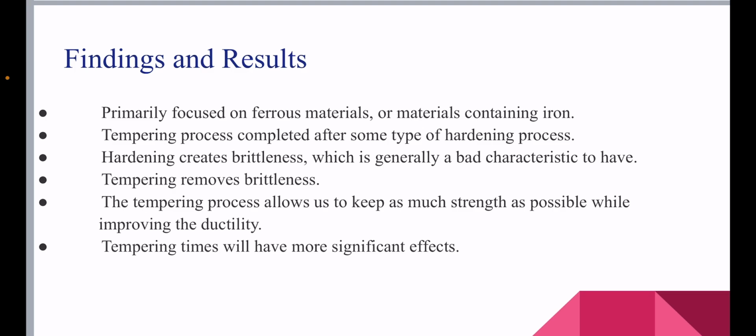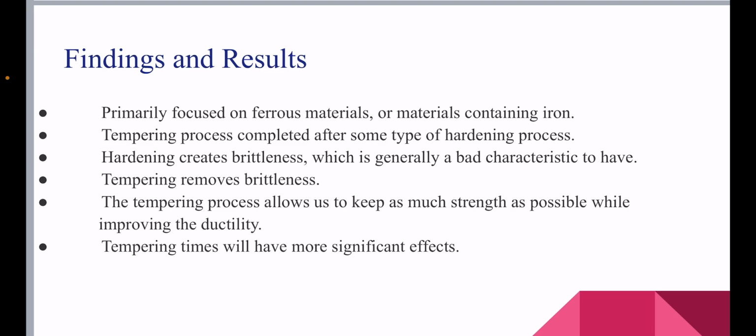For our findings and results, we previously mentioned that tempering is mostly focused on metals or materials that have iron in them, or ferrous ones. And it usually does come after a hardening process, whatever that may be. They're expected to go under heavy stress, or they're going to be required to in some kind of application, and we want to do this tempering to avoid fracture because it will add ductility as well.